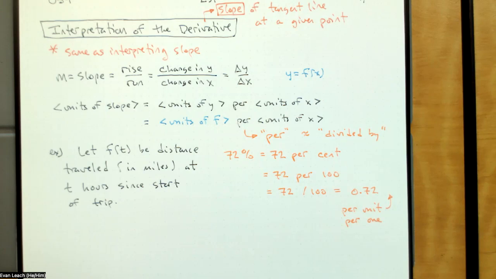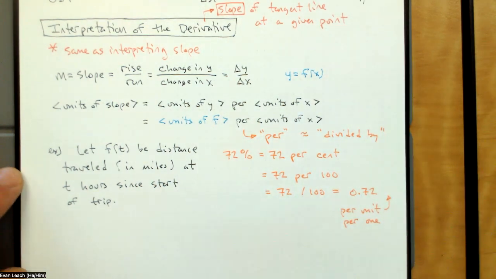So let's suppose that f of t is a distance traveled in miles at t hours since the start of a trip. The first thing that we'll want to do is just construct the units of what the derivative will be. We're just going to take the units of our function and say per, and then the units of our variable.